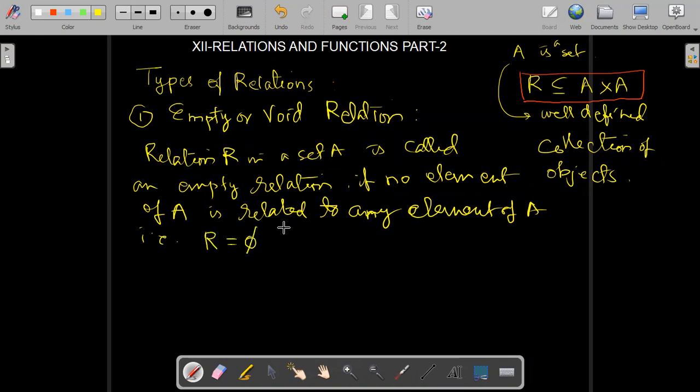You know that the null set is a subset of A cross A. Okay, the null set is a subset.